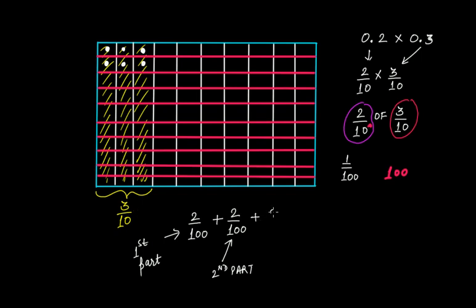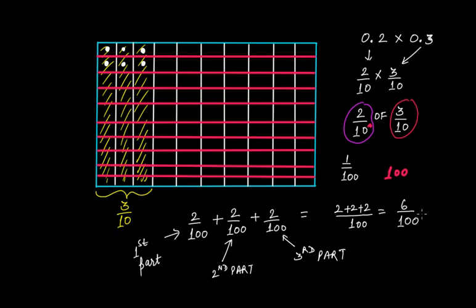So again 2 over 100, from the third part. If I have solved this, it will be equal to 2 plus 2 plus 2, that is 6 over 100.